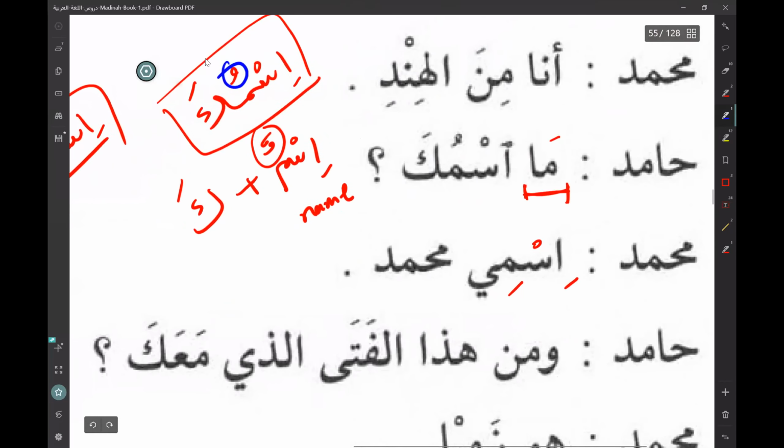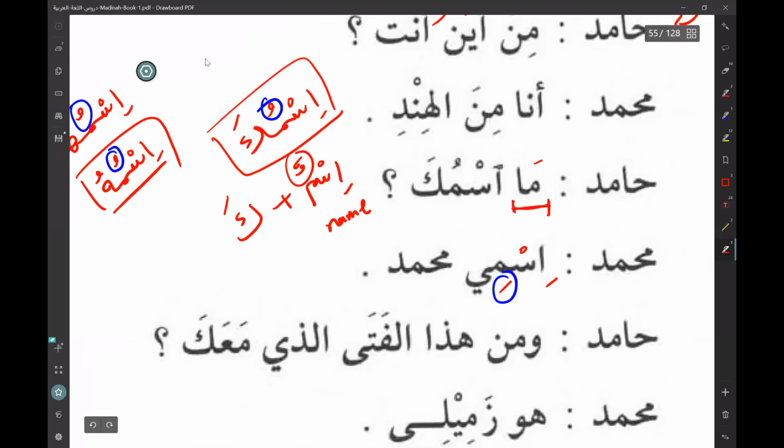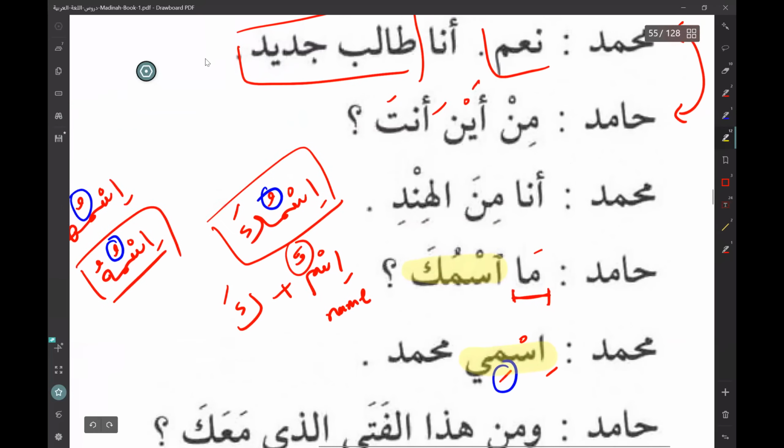All of a sudden, why am I saying ismi with kasra? Yes, ya al-mutakallim. When you have ya for me, everything changes. You have to put kasra before ya. Ahsanti. Good. So, ismi Muhammad. My name is Muhammad. So basically, if you understand this kind of idafa, then you're good for this lesson.